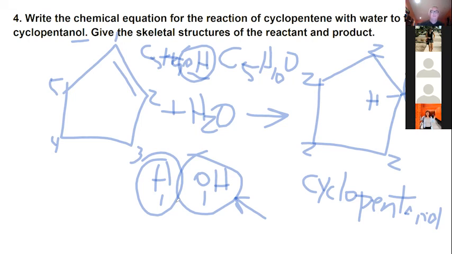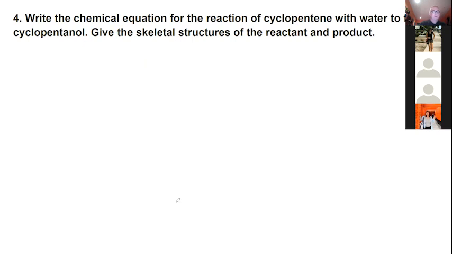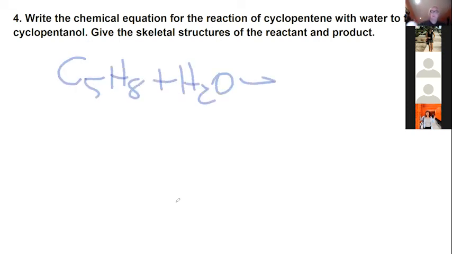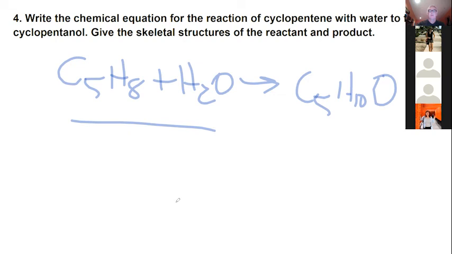So my final formula is C5H8 plus water gives you, and you should be able to figure this out just from the formula, right? Gives you C5H10O. Because remember, we're just adding 2 hydrogens and an oxygen.